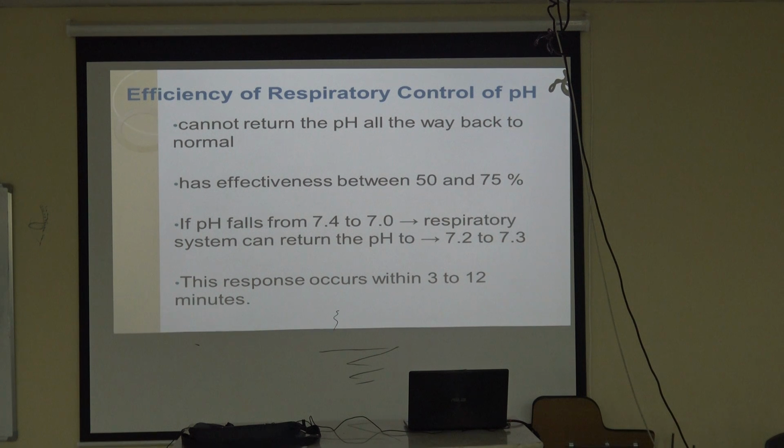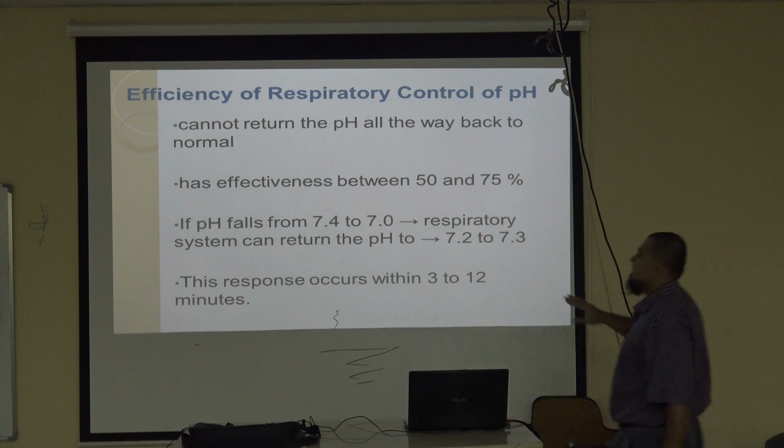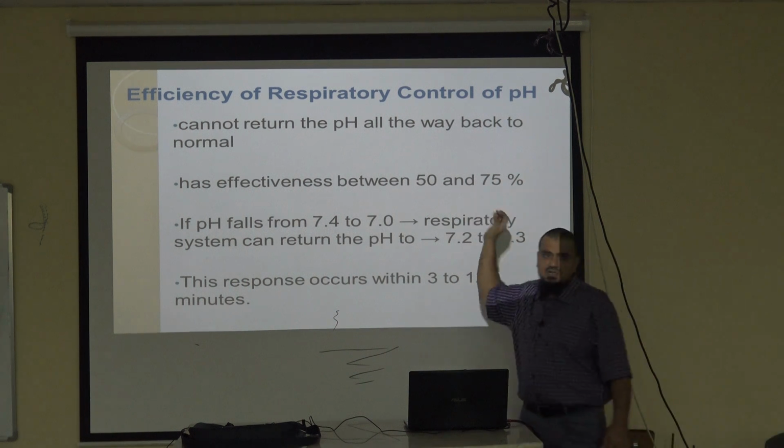But still it is unable to correct it fully. Clear? Although the system is very good, it is relatively immediate. It's not very urgently active, but it is active after a very small period of time. But it cannot normalize it completely. You can say it has 50 to 70%, 75% effectiveness.